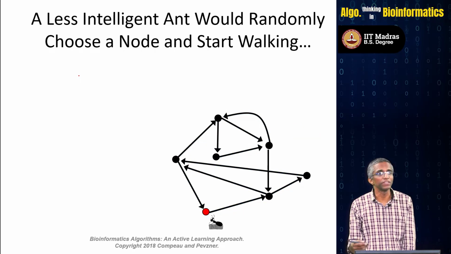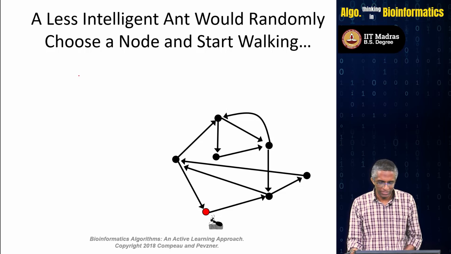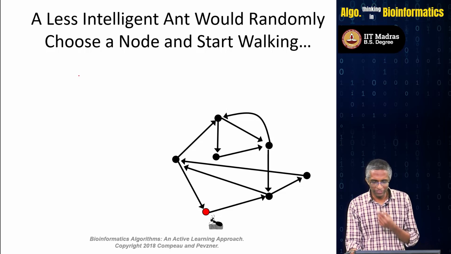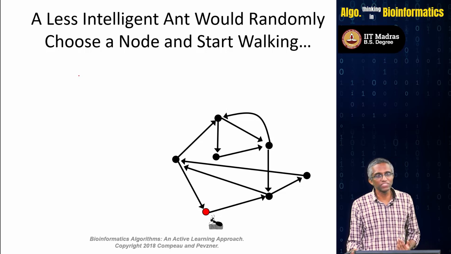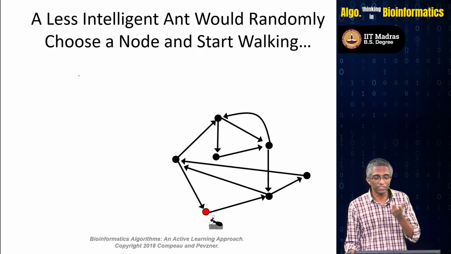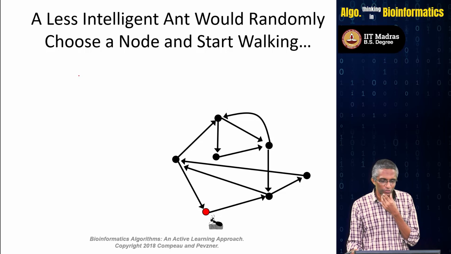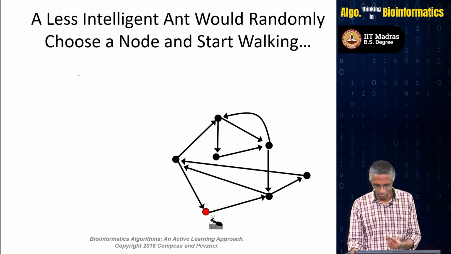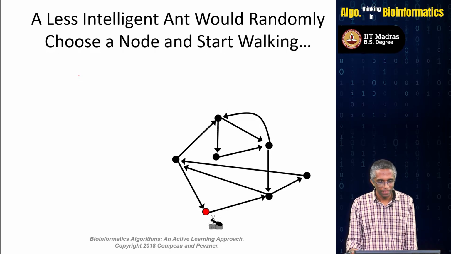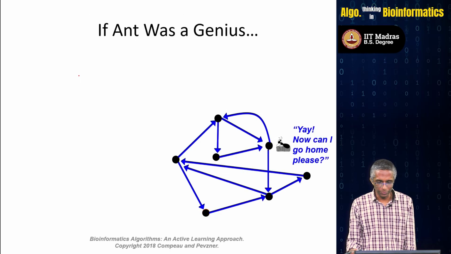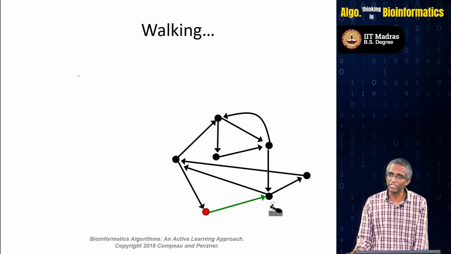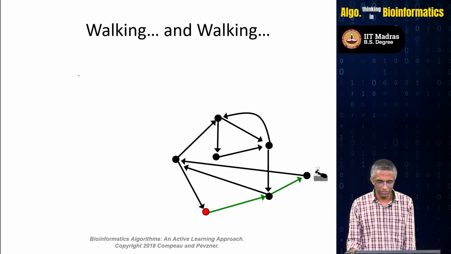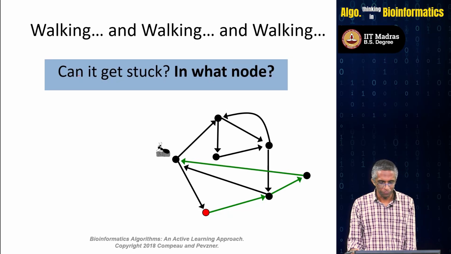We may not be starting at the right node either, but in this case, every edge touches every node, so you can start at any node. But still, the decisions at each edge, you need to be intelligent to make that. A less intelligent ant would do more like this, right? It may arbitrarily choose a particular edge to start. So it just goes here, goes here, goes here.